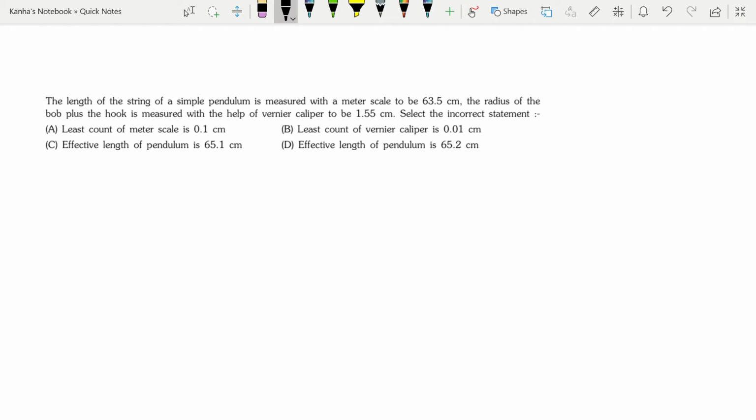You can see from the measurements that the least count of the meter scale is 0.1 centimeter, because the meter scale has measured till the first decimal point, and the vernier caliper has measured till 2 decimal points, so it has a least count of 0.01.